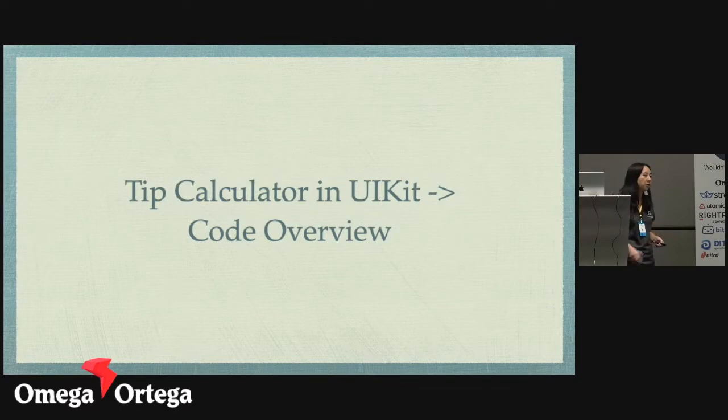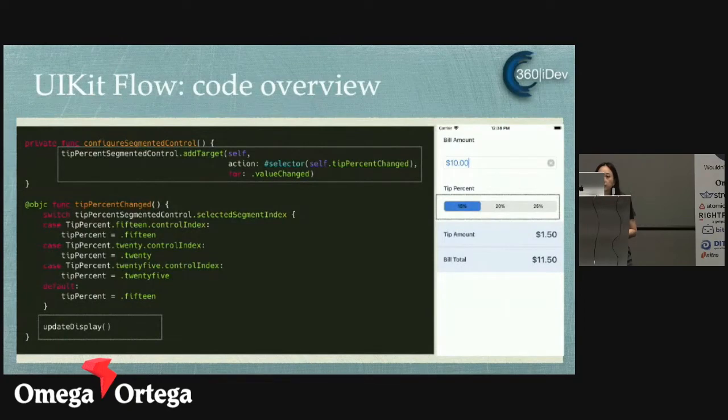So before we go into the different use cases, let's go over briefly the code for the tip calculator in UIKit. Now, keep in mind for these code snippets, I took out styling and other things. That way I can fit on the slide just what thing I want you to focus on at the moment.